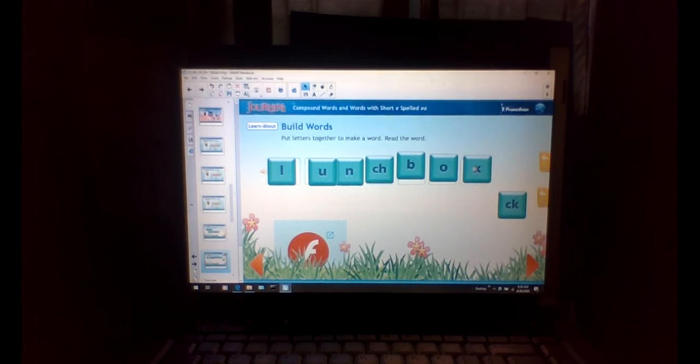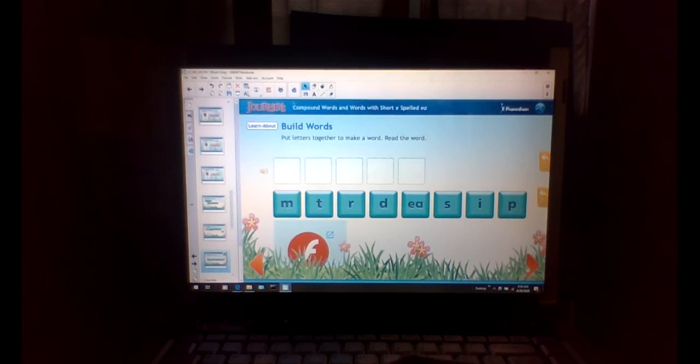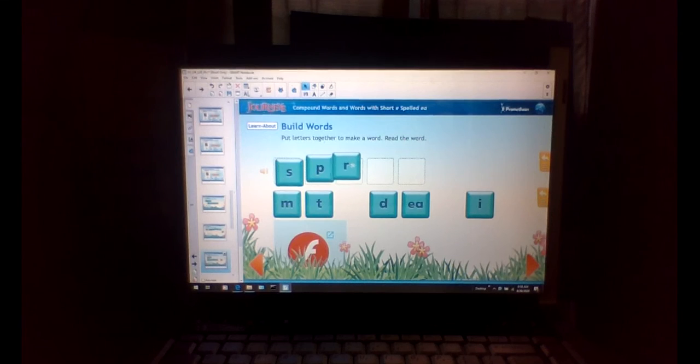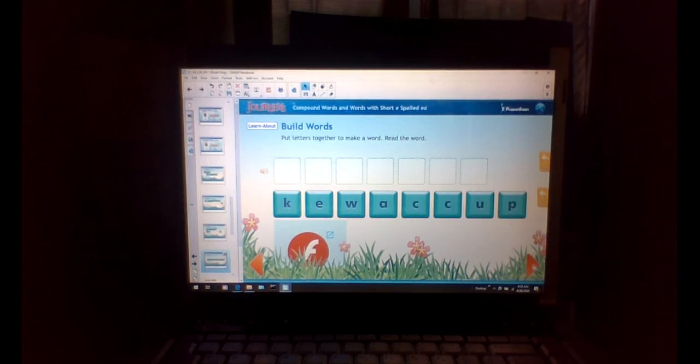Let's do one more. Okay, looks like a long one. Spread. Sp. That short E sound. Spread. Great job, boys and girls. Let's take a look.